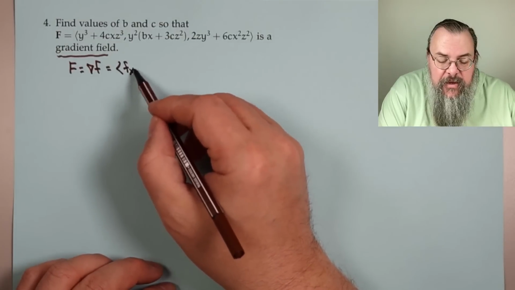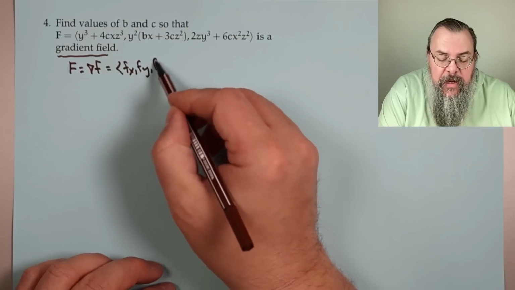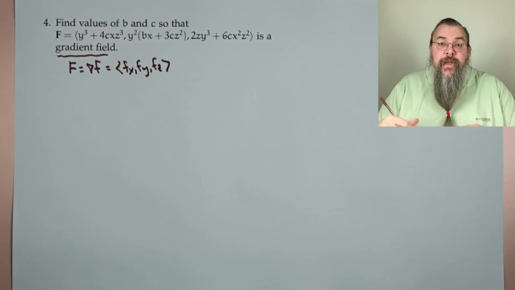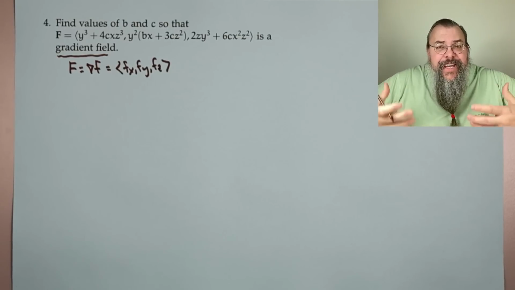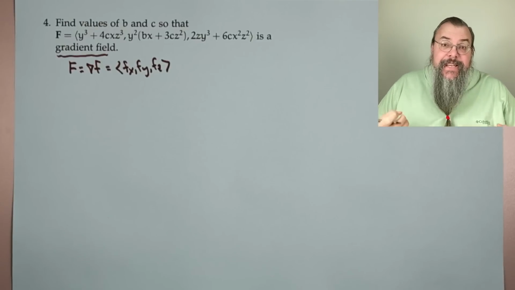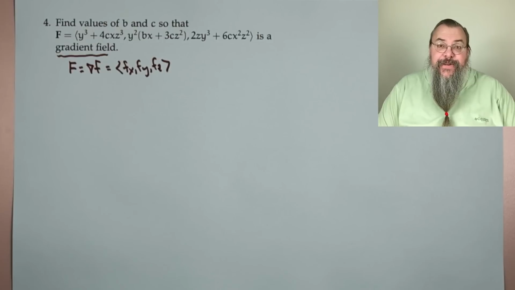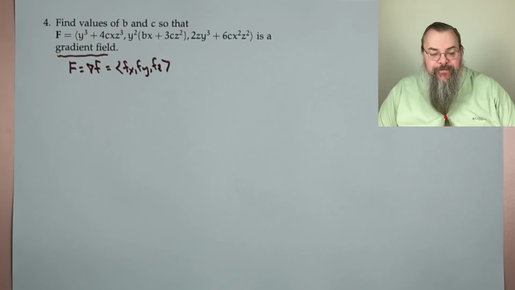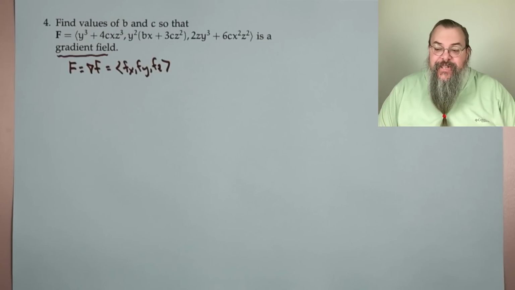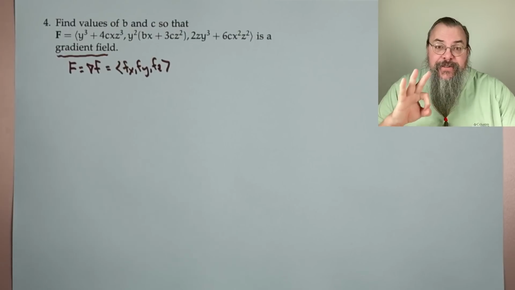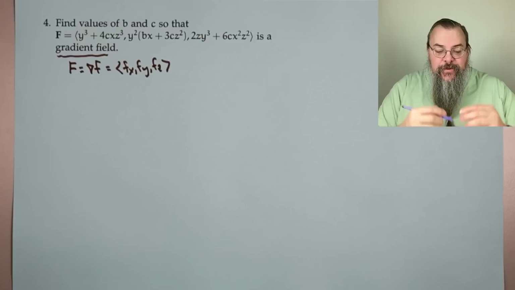But instead, since we have to find values of B and C so that it is a gradient field, we should say, okay, do we have a test? Is there some way for us to test if something is a gradient field? And there is. Here's the test. If it's a three-dimensional vector, you do the following.